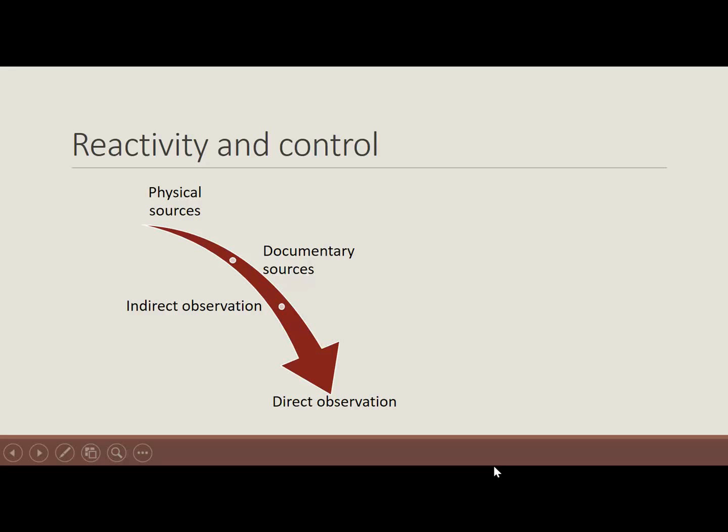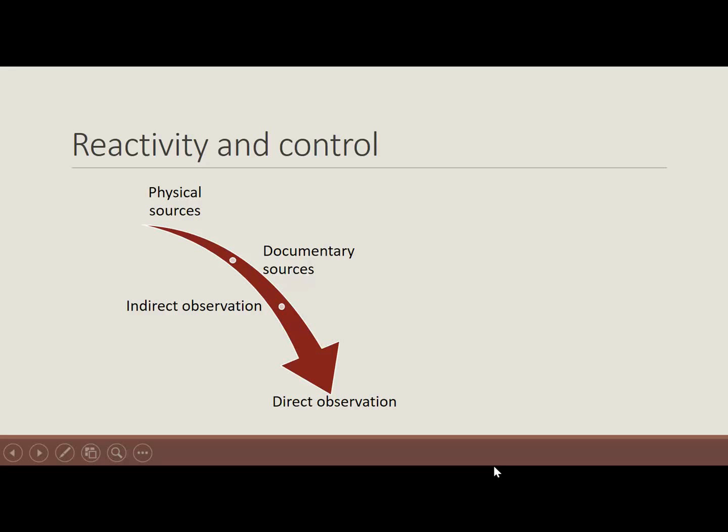So if I'm studying scientists via their publications, which is what I do, then they don't even know that they're being studied. They've produced their papers and put them in the public domain for me to look at. So I don't even have to ask their permission to use these documents as sources of data. So I don't get any reactivity.